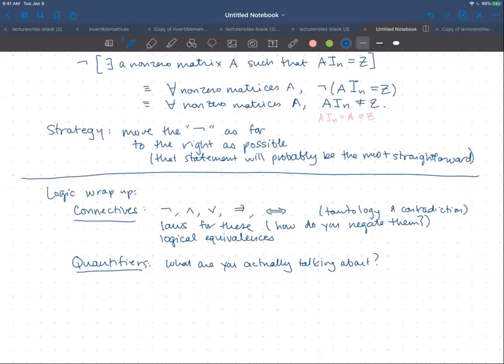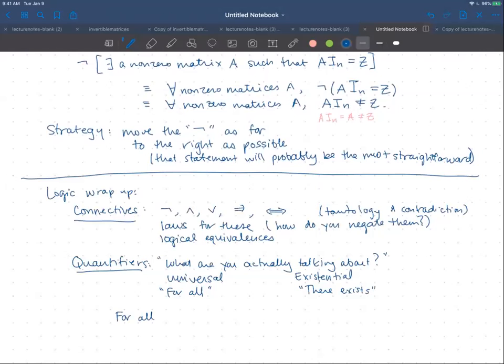And I don't mean that in a snarky way. I mean that in a, hey, I actually don't know which matrices you're referring to here. And then we've got the universal quantifier, for all, and the existential quantifier, there exists.